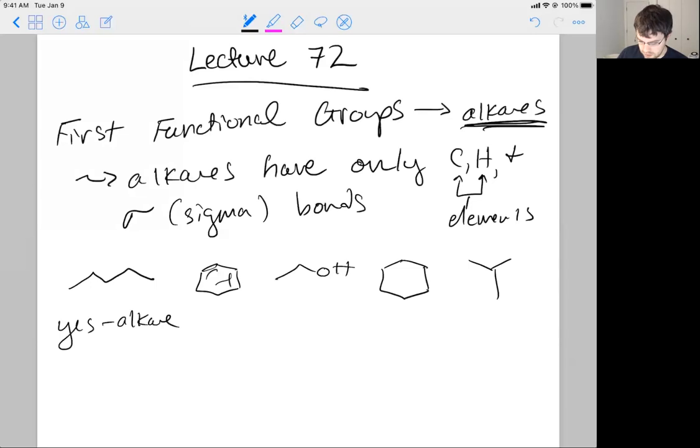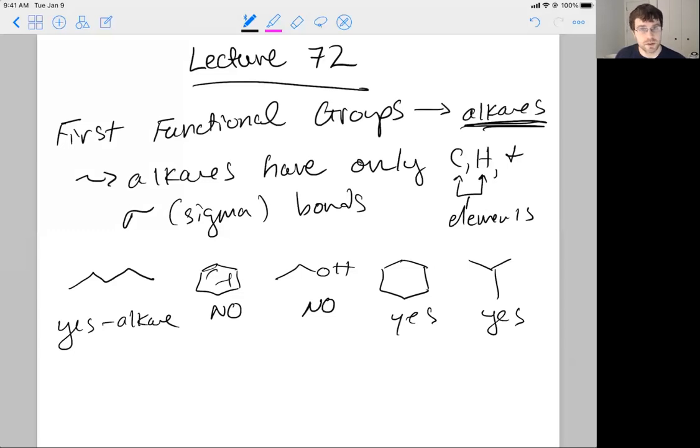The next molecule is benzene, so that's no. The reason isn't just because it's benzene, it's because it has double bonds. We can't have double bonds. Next molecule is ethanol. No, that has an oxygen. The last 2 molecules are yes. Branched hydrocarbons with only sigma bonds, like the last example, or cyclic hydrocarbons, like the second to last example, also count. Carbon, hydrogen, only single bonds. That's what it takes.